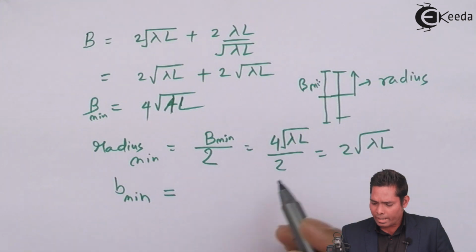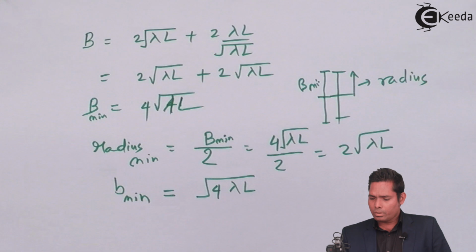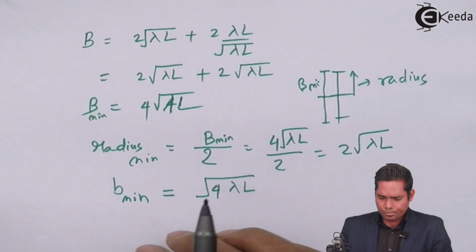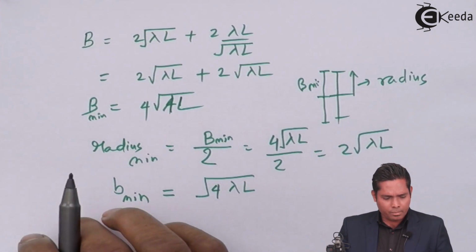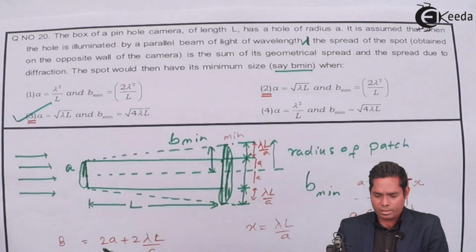This goes inside and becomes 4 root of lambda L. This goes inside and becomes this. So therefore, for B minimum, this one is correct, this is not correct, so this is the right answer.